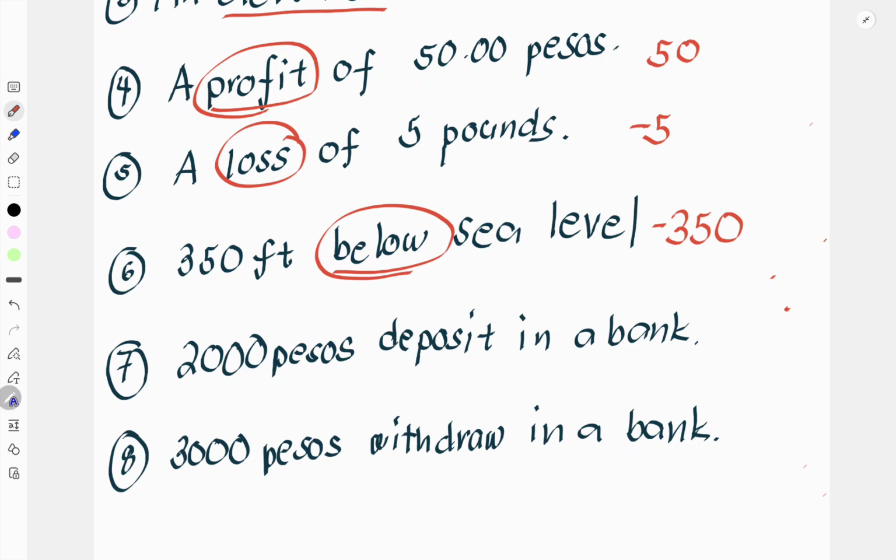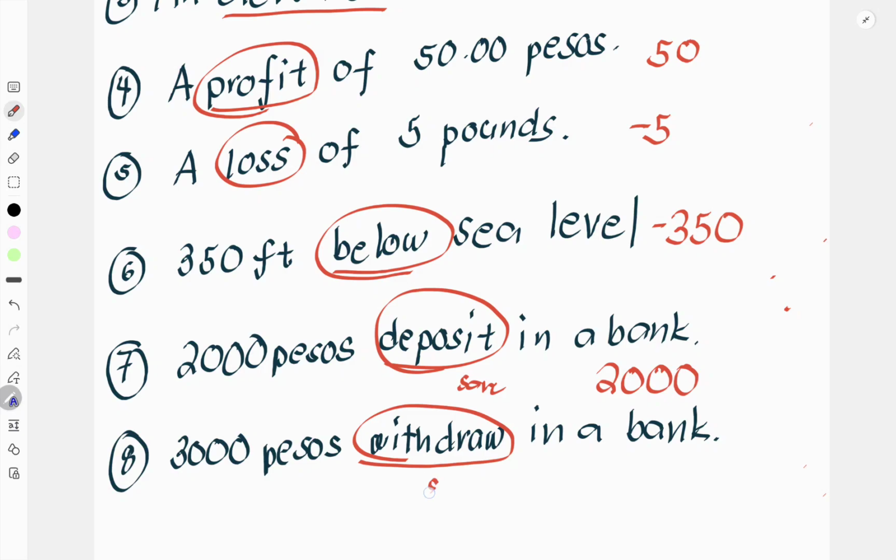Now, another in the concept of finance, a 2,000 pesos deposit in a bank. When we say deposit, you save money, so you'll have a value of 2,000 in your account. In the other case, 3,000 pesos withdrawn, so you spend in a bank.